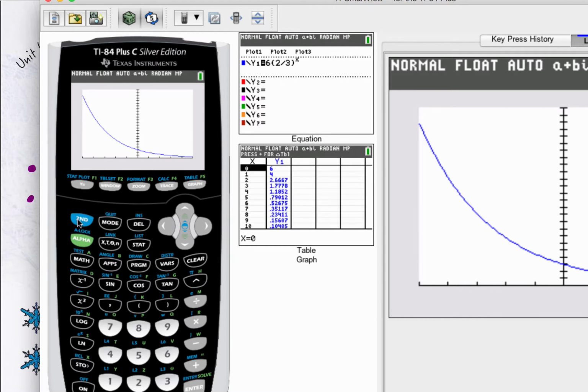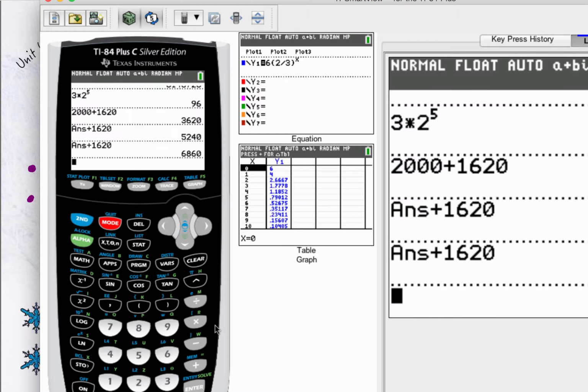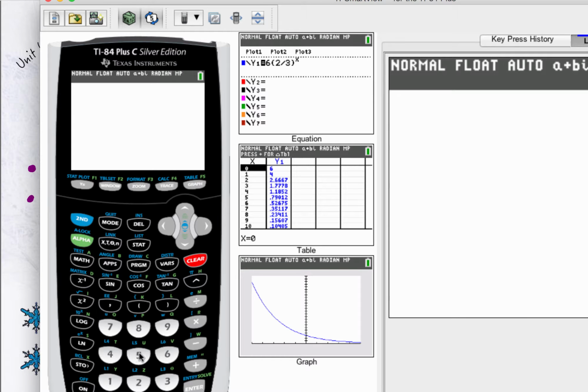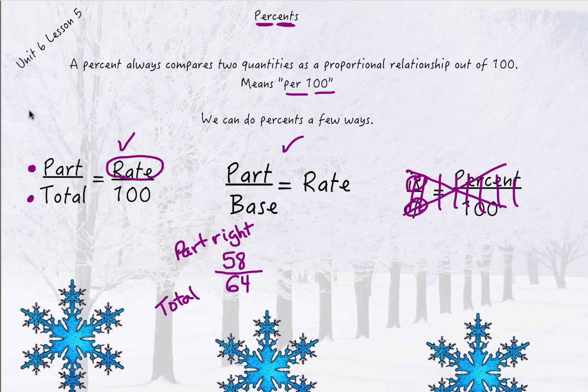So all I do is I take 58 and I divide it by 64, and there's your percent, your part out of 100, 0.90625.